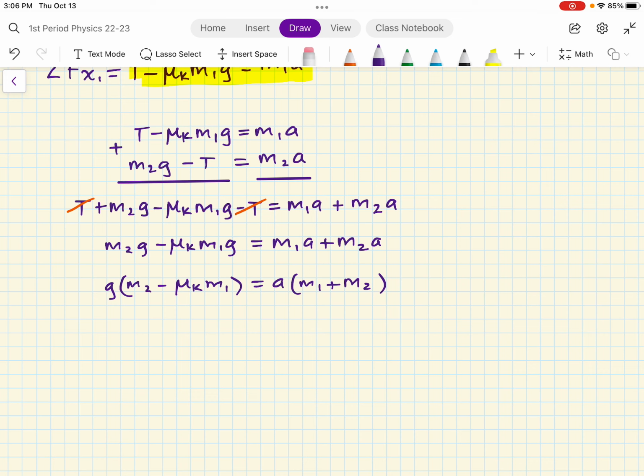I'm trying to solve for acceleration, so I just divide both sides by all this inside the parentheses, m1 plus m2. It'll cancel.